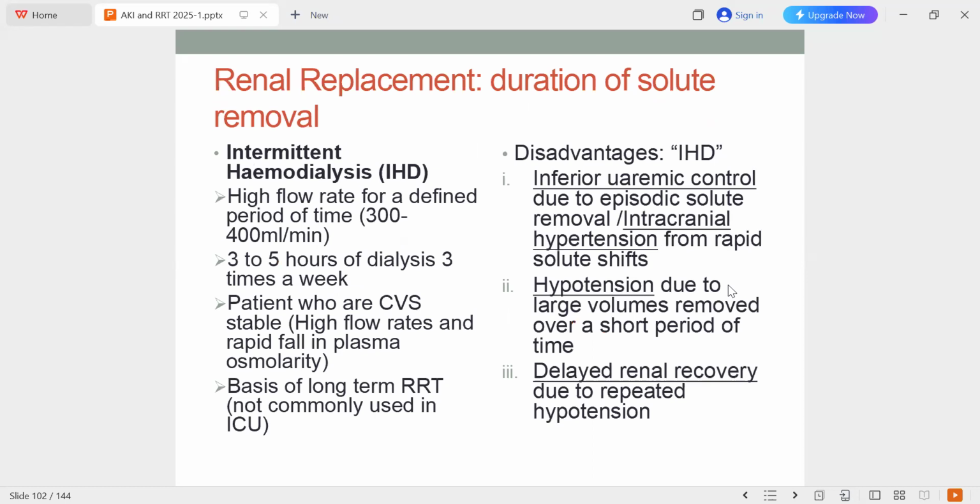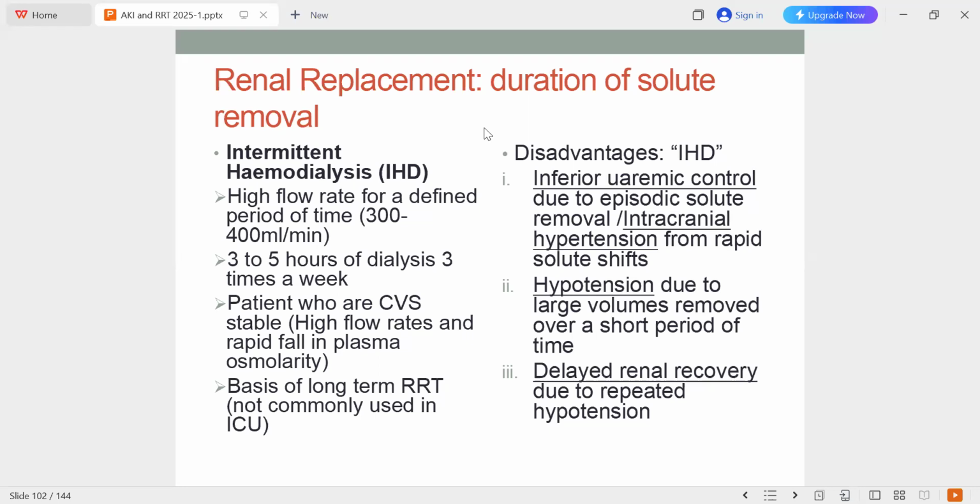All right, so the other classification of renal replacement is by the duration of solute removal. So we have intermittent hemodialysis. Here there is a high flow rate for a defined period of time, usually 3 to 5 hours and 3 times a week.